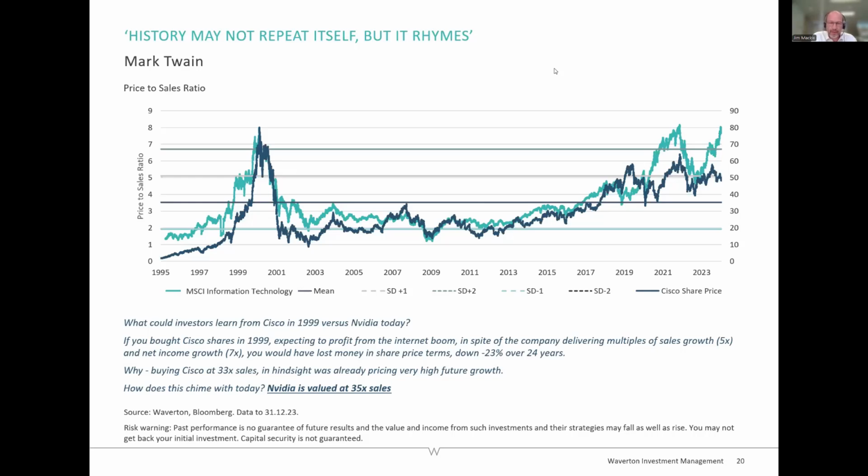You can see Cisco is the dark blue-black line, against the MSCI IT sector index. If you bought it at the peak of the market in 2000 and you still owned it today, you're probably still 20 or so percent below where you were when you bought it. Despite the tech sector having such a strong rally, it's never got back to that peak. And it's just something to be aware of.